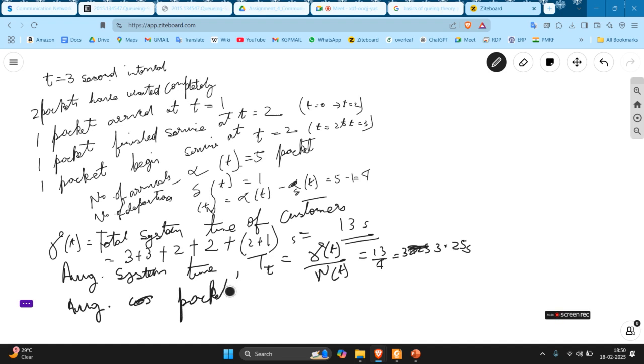So what is the average system time and what is the average number of packets in the system? So at a particular time, if you look into it, what is the expected number of packets in the system? So this will be given by n(t) by t.